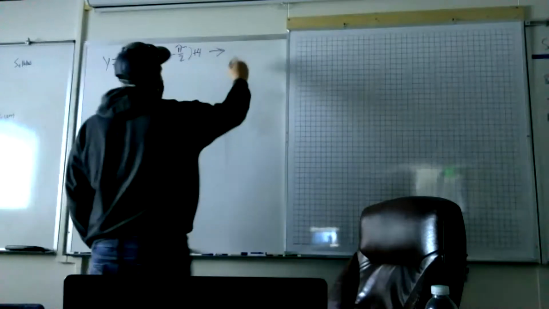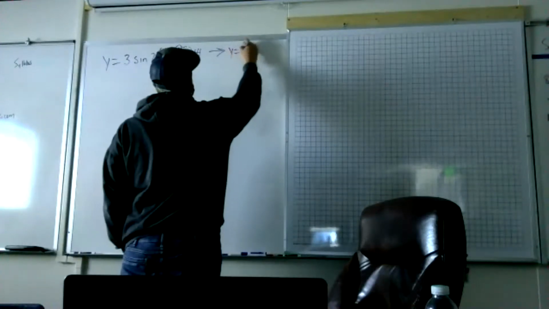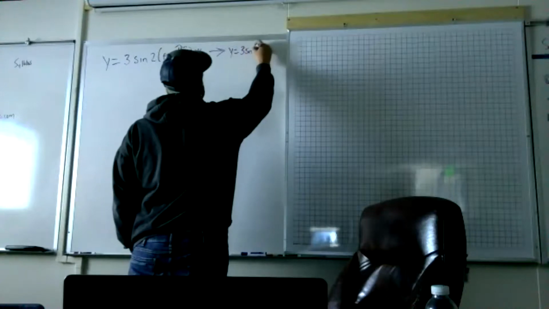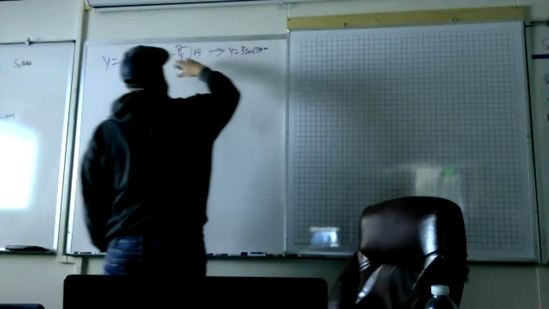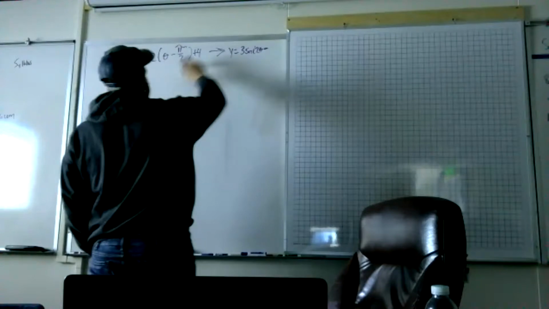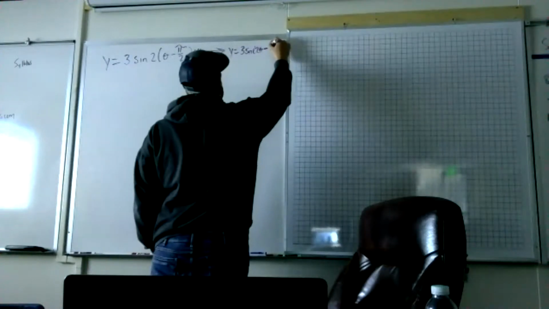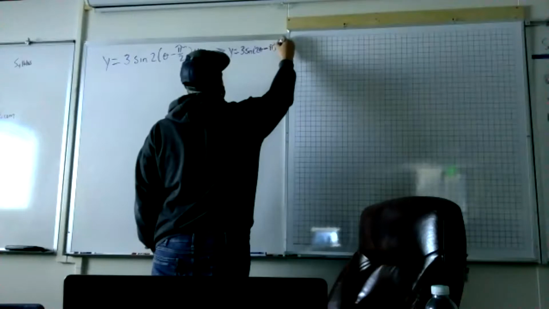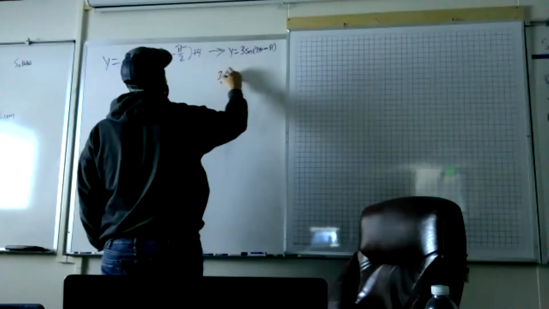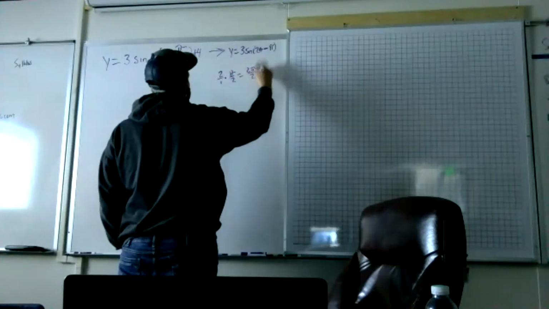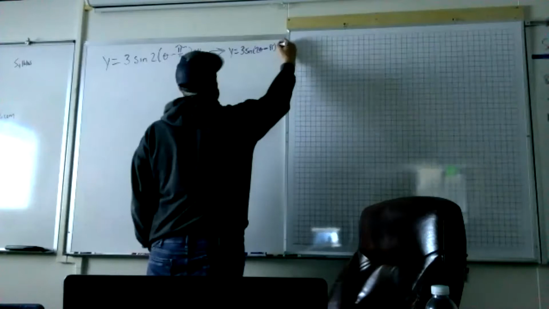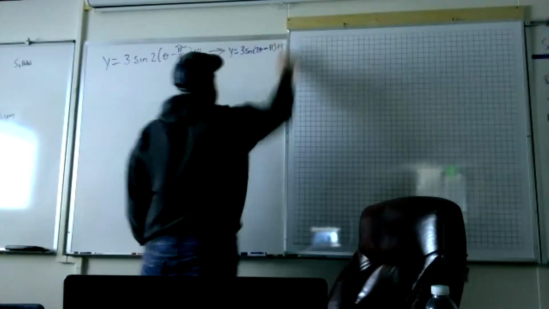What I'll be left with is y equals 3 sine of 2 theta minus 2 over 1 times pi over 2, which is minus pi, plus 4. Okay, so this is really the equation I want to use.